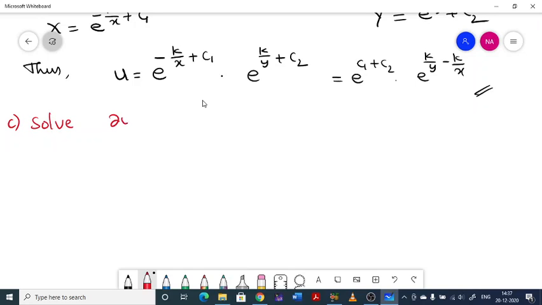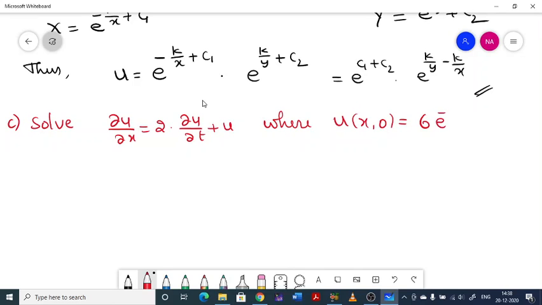dou u by dou x equal to 2 into dou u by dou t plus u, where u of x comma 0 equal to 6 e power minus 3x.